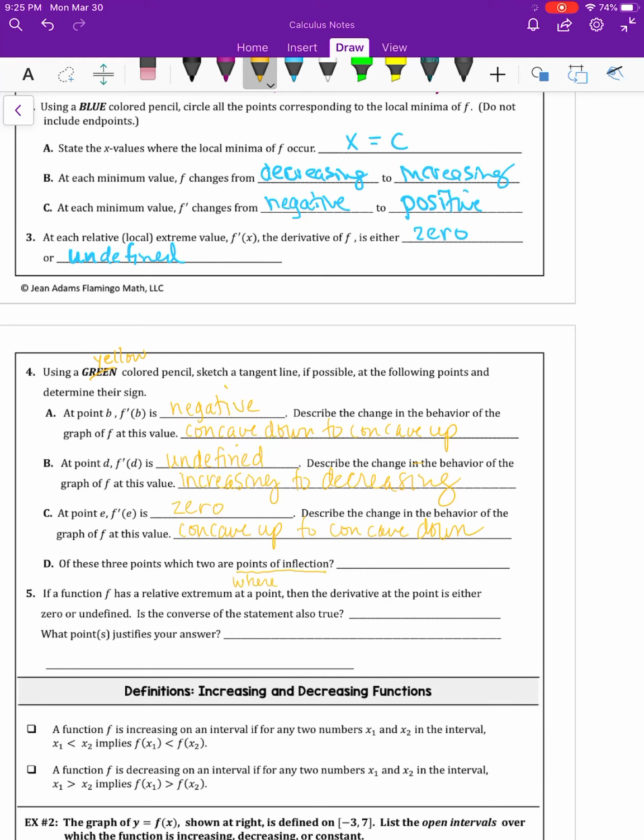Of these 3 points, which 2 are points of inflection? Okay, points of inflection are where concavity changes.